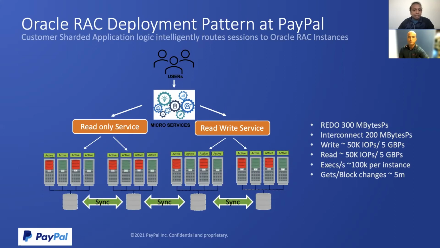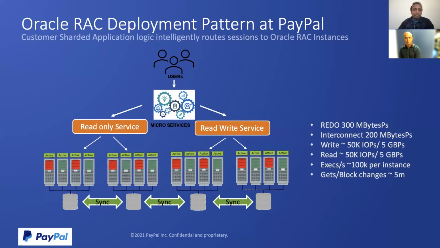Read-only traffic is routed to some copy, and then read-write traffic. Within read-write traffic, we peek at the key and then send the traffic to the particular target database accordingly. In some cases, a full copy is maintained, and that copy can be used as a read-only service. In other cases, it is a real sharded database, and with our own logic and engineering, we were able to reduce the writes coming into the database. So this is how we scale.